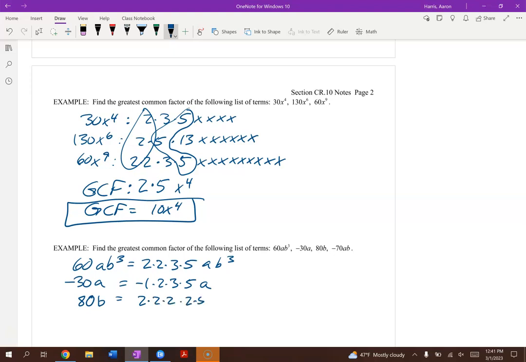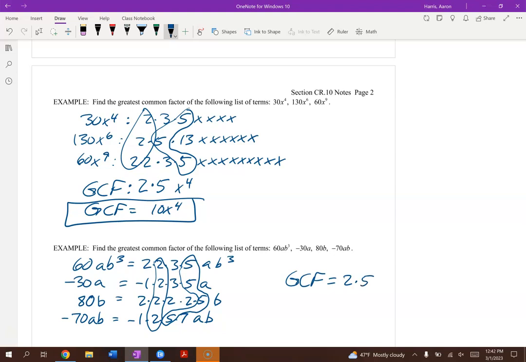8 times 10, B. Well, they all have a 2, and they all have a... how about variables?